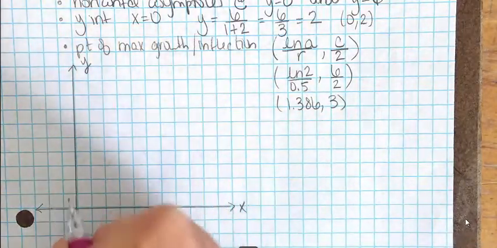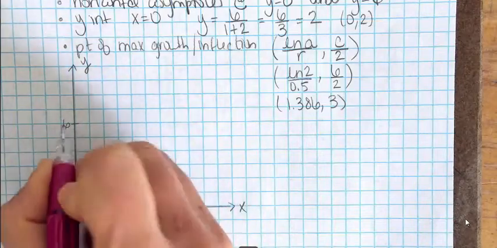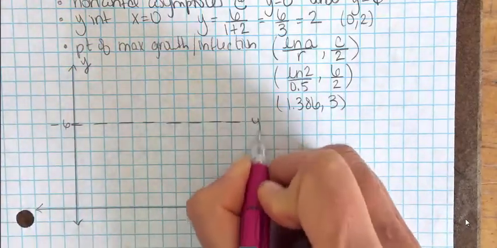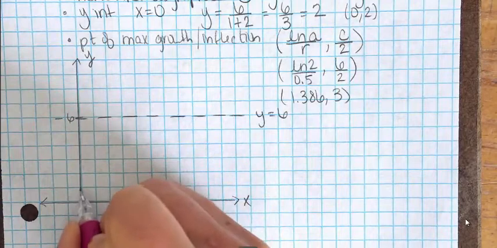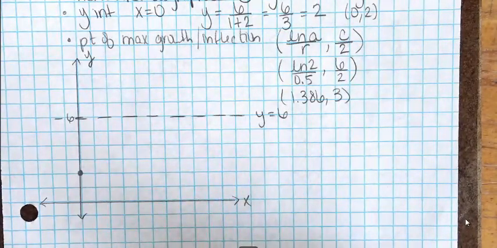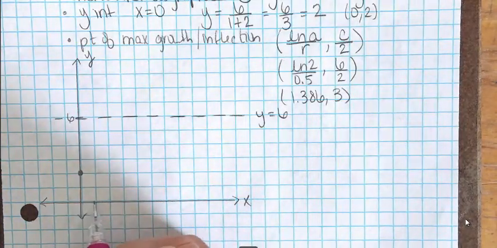All right, so 1, 2, 3, 4, 5, 6. We've got our y-intercept at 2. And we've got our point of inflection at 1.38. So about there.